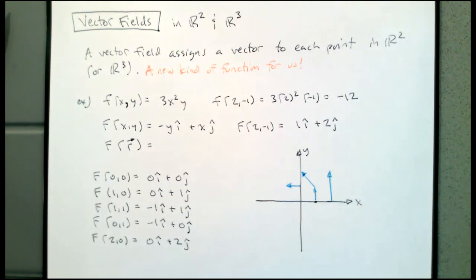So at the point 1, 1, the vector is negative 1i, so that's negative 1 in the x direction, that's to the left, and 1 in the j direction. So we're not plotting the vector 1, 1, we're plotting the vector negative 1, 1.